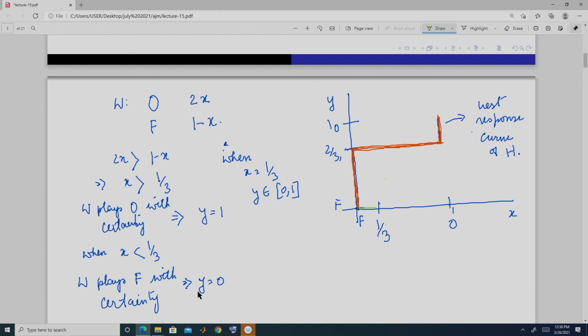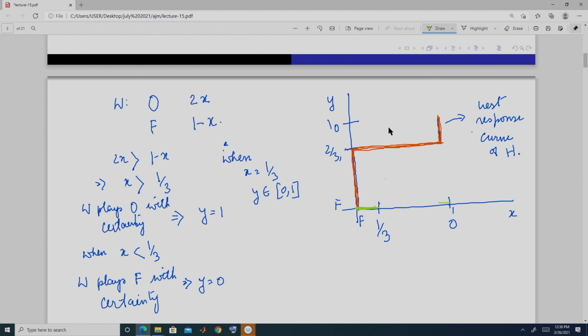So, y is equal to 0 means here, whenever x is less than 1/3, it is going to play F. So, it is here, y taking value 0, and when x is greater than 1/3, so it is x is here, then y takes the value 1.